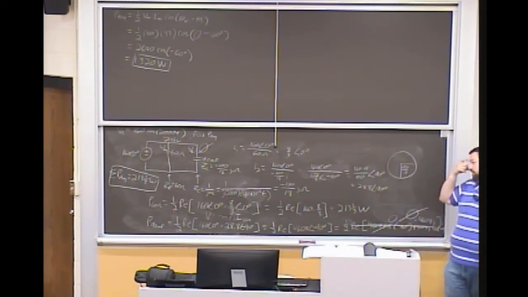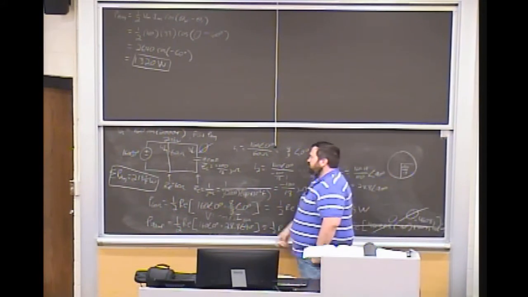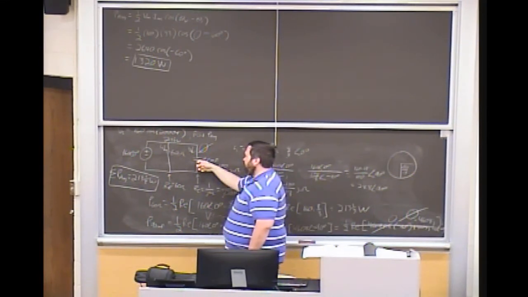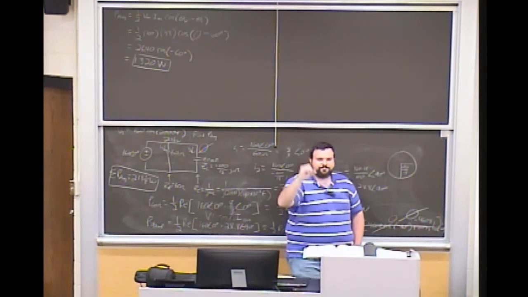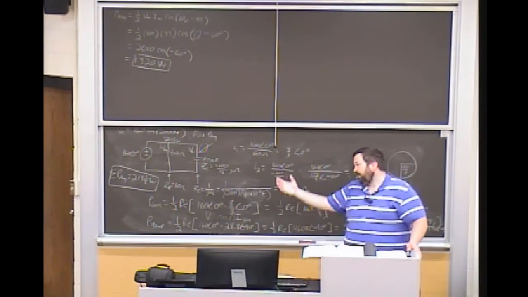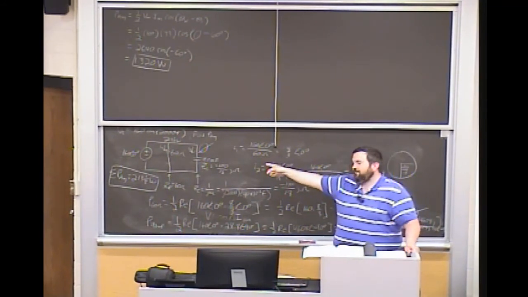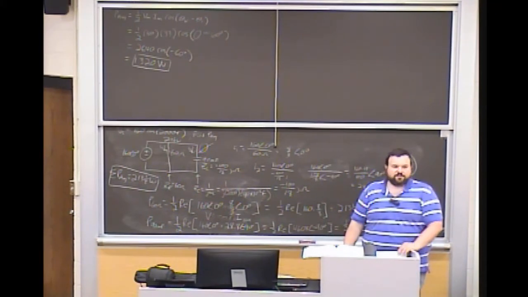Okay, so there's a nice little shortcut you can do to find the average power of a bunch of things in parallel. So if you ever see this and you're asked, okay, how much power is dissipated right there on average? 0. Don't even have to do math. We did the math to show that, but that's going to be true every time you have a capacitor just by itself or an inductor just by itself.